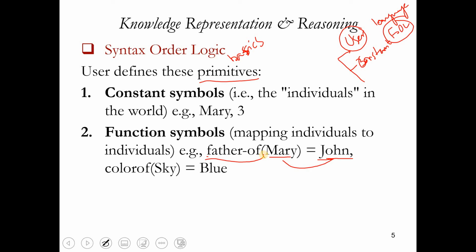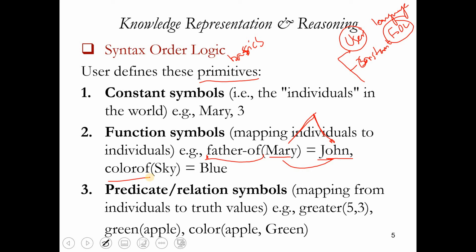These are symbols, constants, or you can say objects, and the relationship is defined between them using a function. So mapping of individuals to individuals is done using function symbols. For example, color of sky is blue. Color of is the relation between sky and blue.